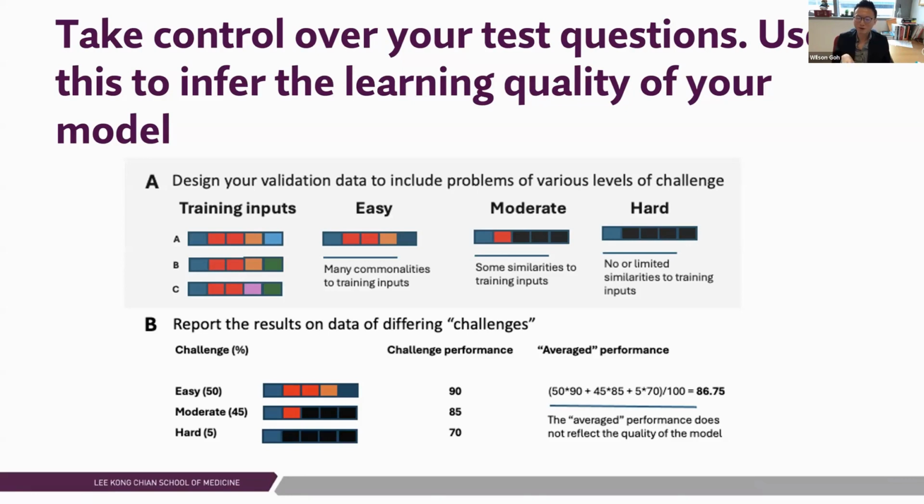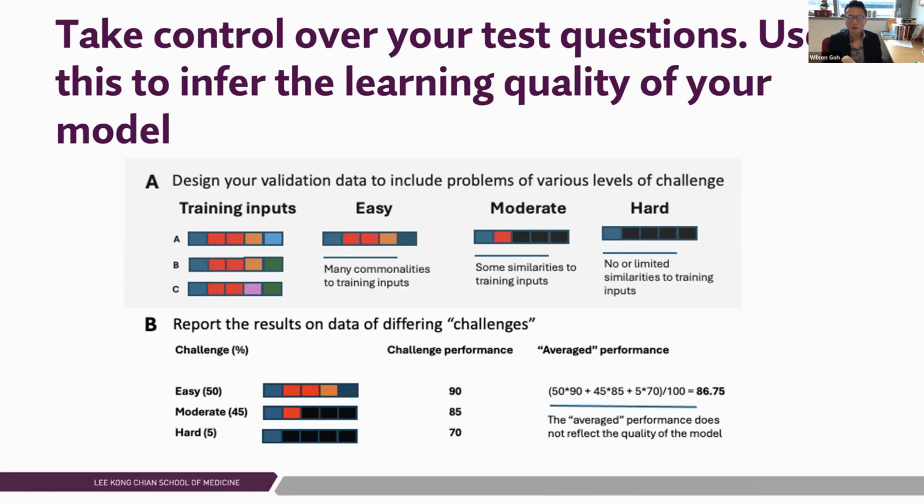The first one, if it does only well on easy problems but not the others, then you know that it is a superficial learner. It has not learned anything meaningful or useful. But if it works only well on hard problems but not easy or moderate ones, then you should be careful as well, because it is very likely that your training data is biased towards such hard problems.